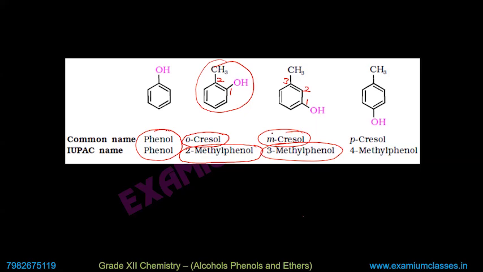Alternate positions in the benzene ring are called meta. Adjacent positions are called ortho. Opposite positions are called para, like paracresol, which is 4-methylphenol.